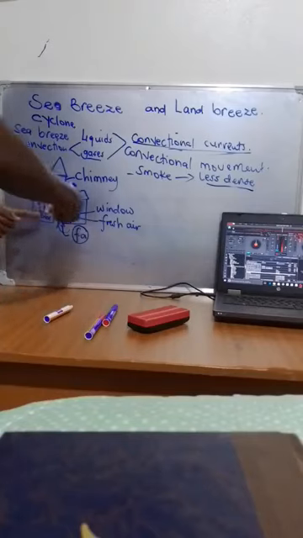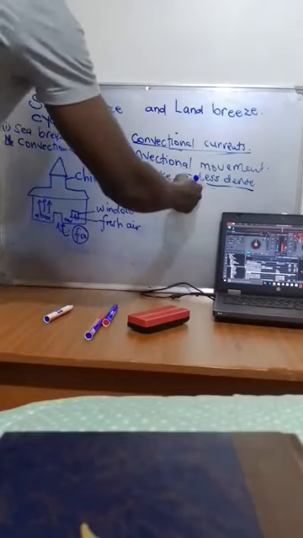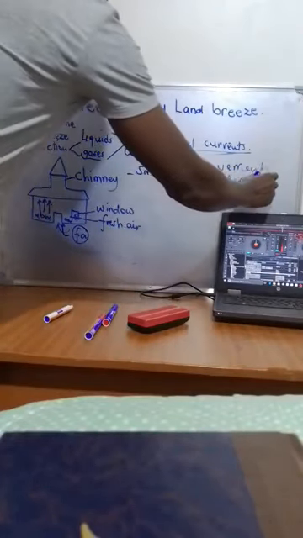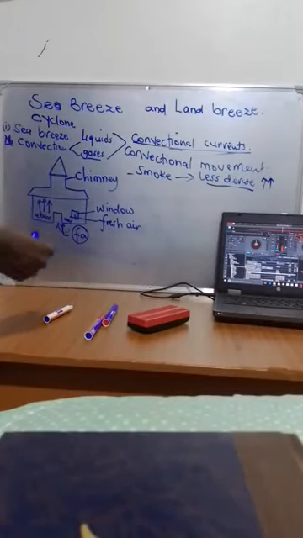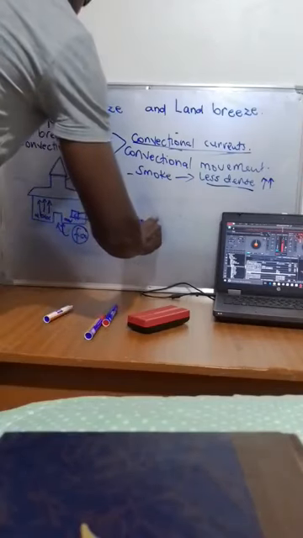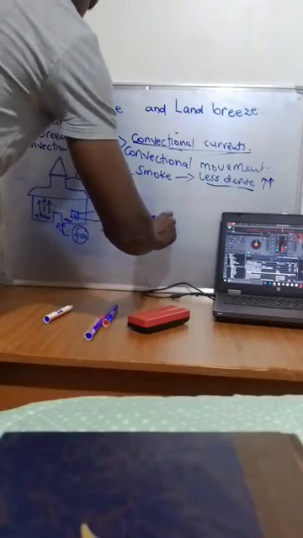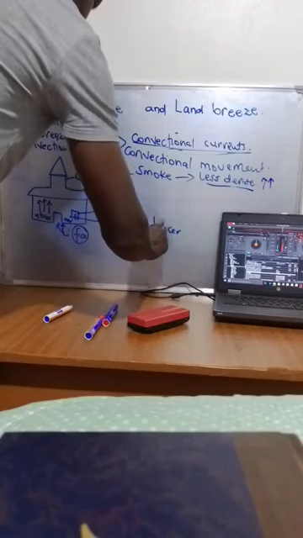So this movement, whereby less dense molecules move upwards and their positions are replaced by more dense molecules, is called convectional movement. Fresh air has denser molecules.